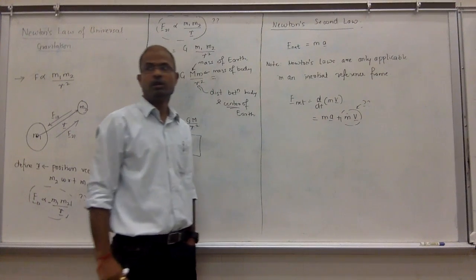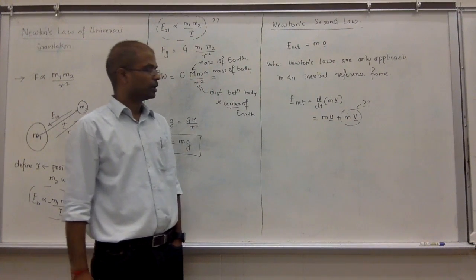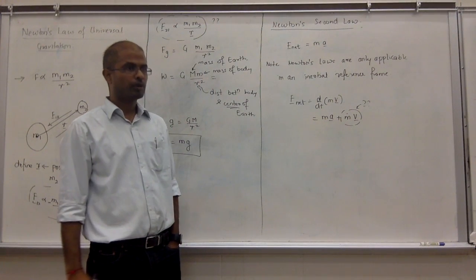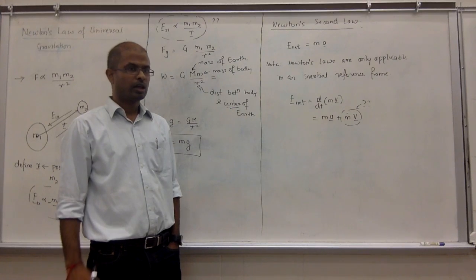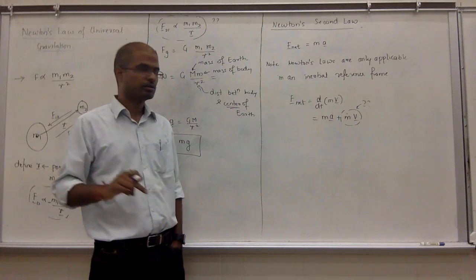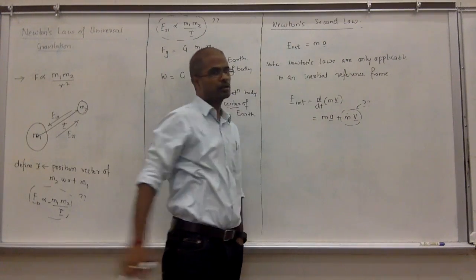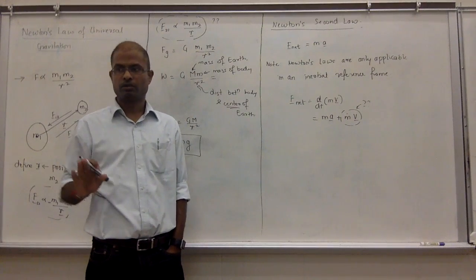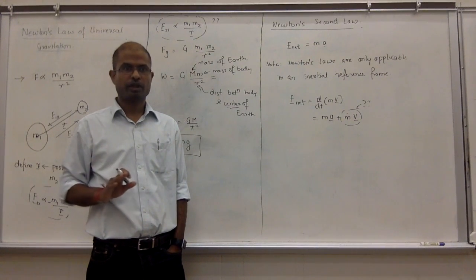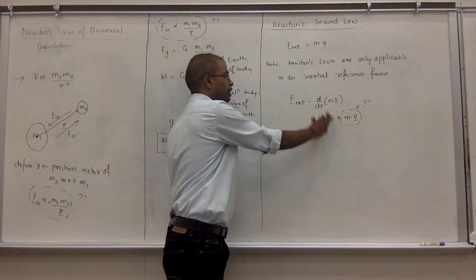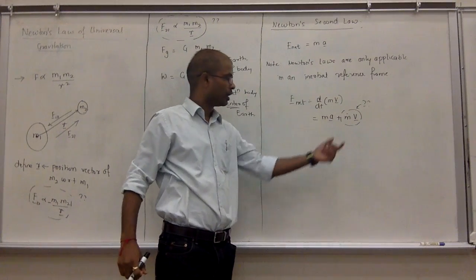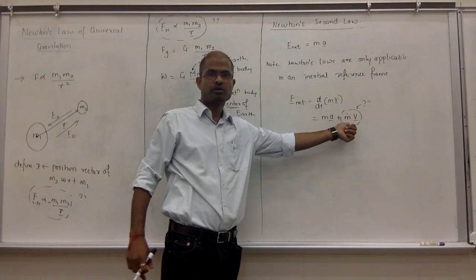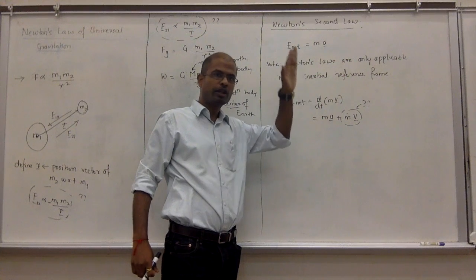Mass isn't changing. When we are studying orbital mechanics, as long as we are in space, this law applies. But when we are taking off of the ground, when we are doing actually rocket dynamics, this is an incomplete law. You have to account for this mass change. Only then you get a lift off.